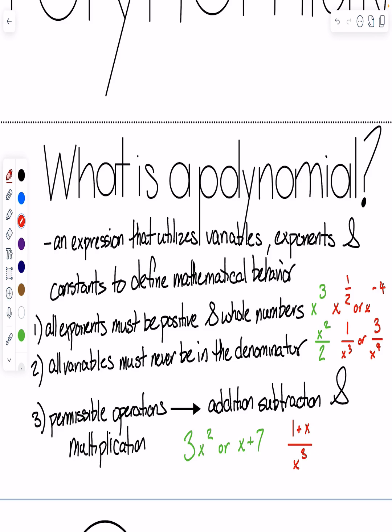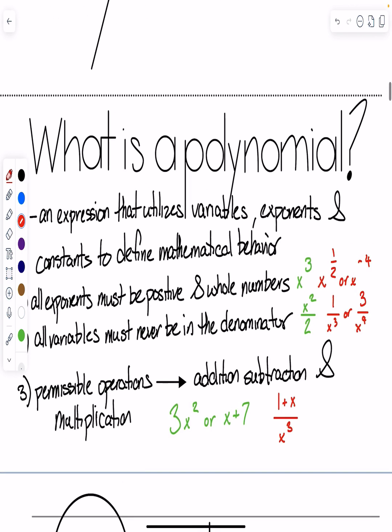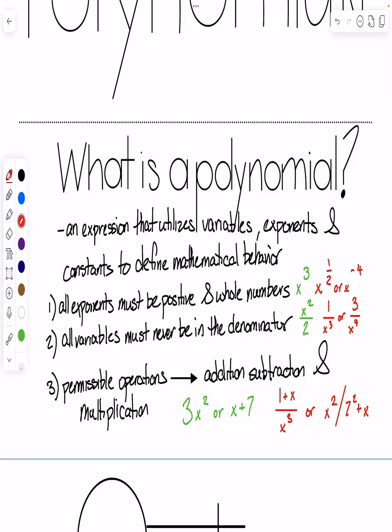Or if I had perhaps x squared divided by 7 squared plus x, that is also impermissible, right? Notice that these two terms are connected via division, right? That is not one of the permissible operations.